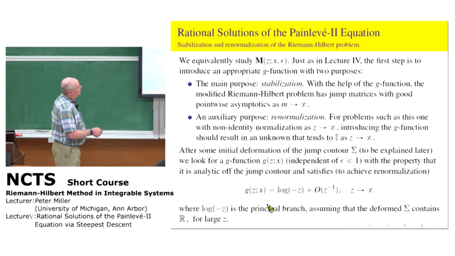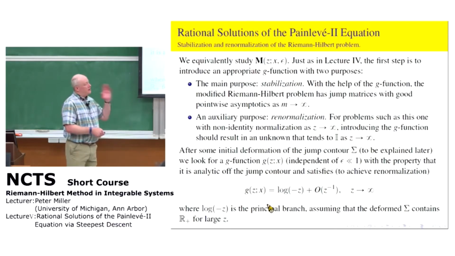But anyway, this function g of z, x has the property that it's analytic off the jump contour, and it satisfies that g is like log of minus z plus small. This is not really terribly important, except that we have this jump matrix on S sub 6, which is going off in the positive real direction, and that's the one that doesn't have identity on the diagonal.